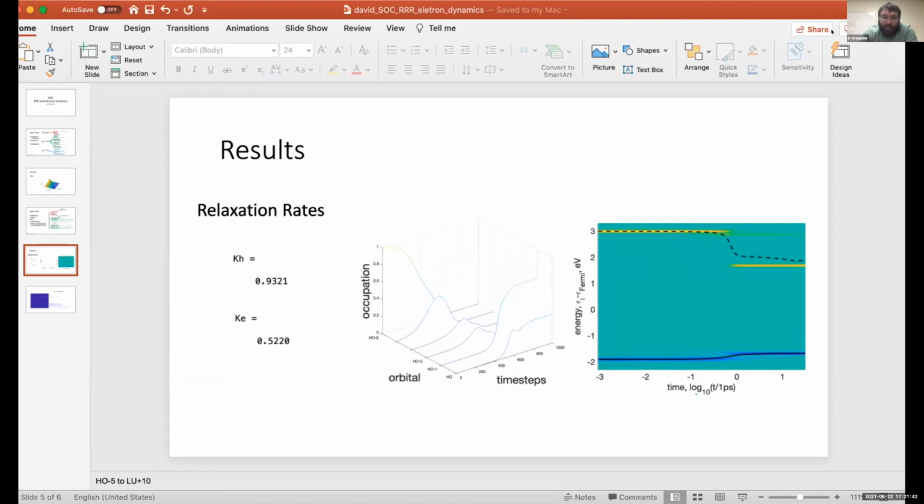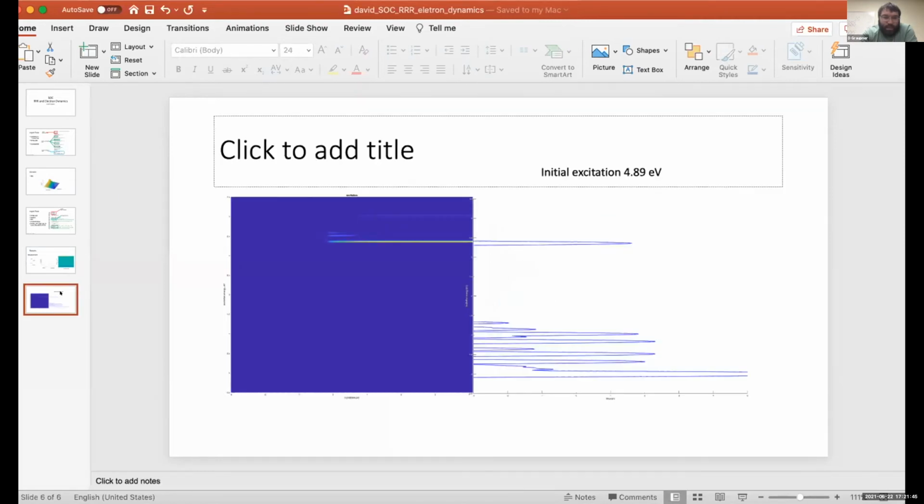In addition to this, the specific code I'm using also gives out the photoluminescence figure, which is this, and the axes are very hard to read on this. So we're going from -0.5 to 4.5 eV on the y-axis, and the x-axis is a logarithmic time scale that I believe goes from -3 to +3.